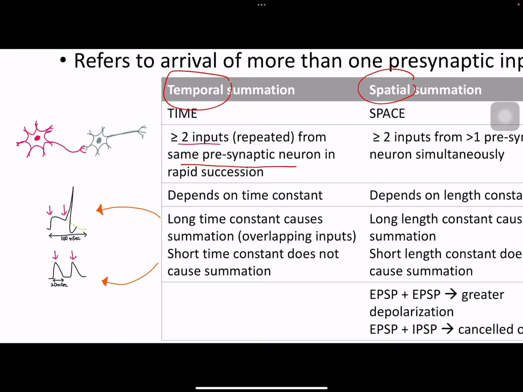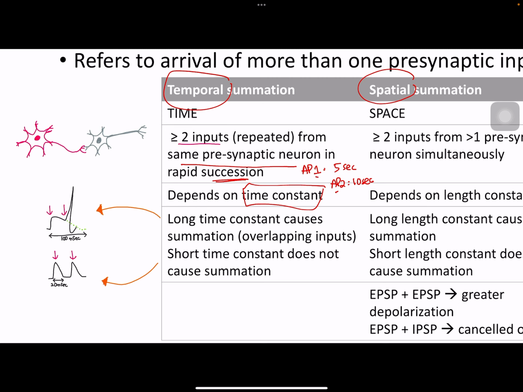What does it mean by time constant? It means how fast this action potential dies out. For example, action potential 1 dies out in 5 seconds, whereas action potential 2 dies out in 10 seconds. Therefore, the time constant of this one is longer compared to this one.